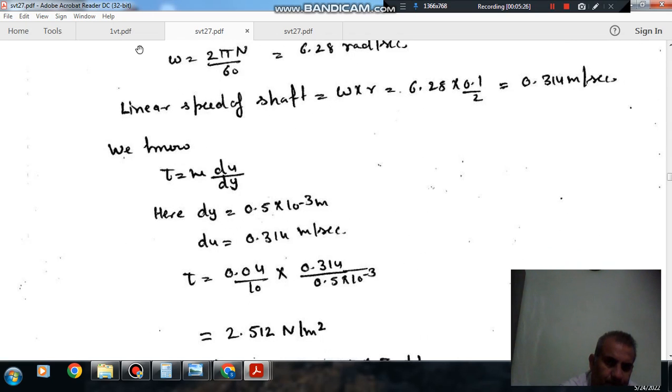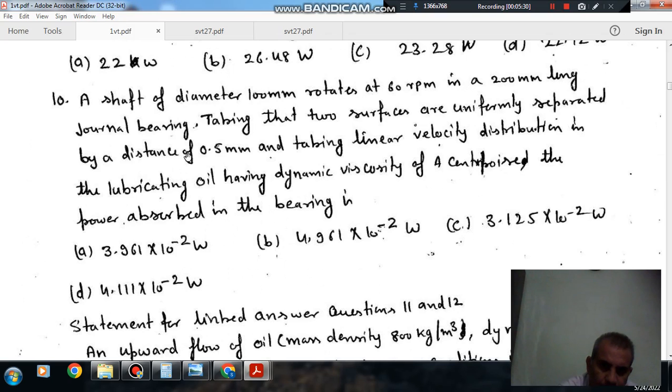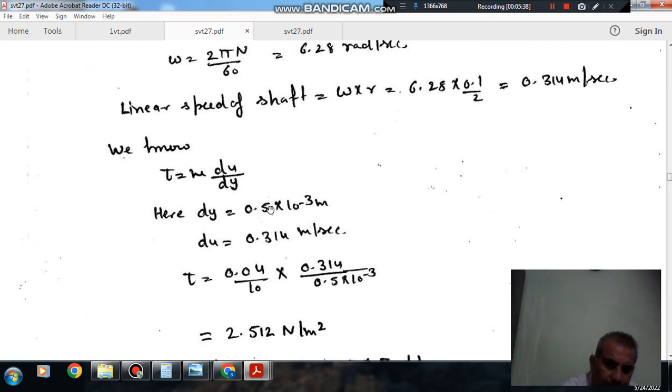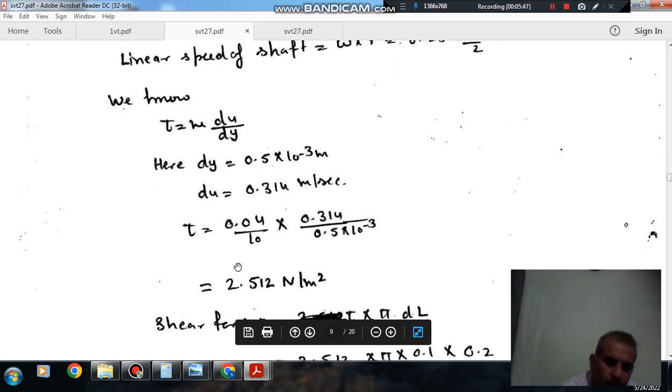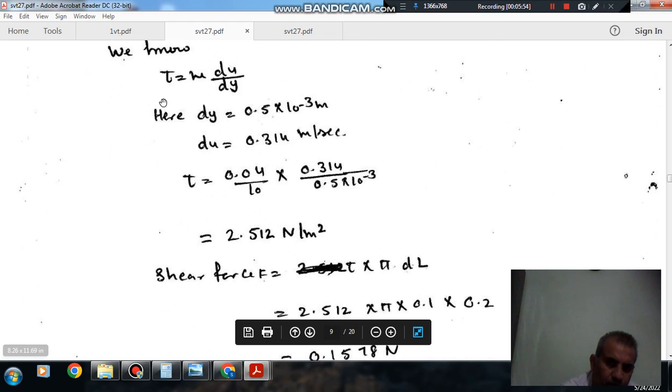Here dy is the thickness of the film, 0.5 mm, or 0.5 into 10 to the minus 3 meter, and the velocity is 0.314 meter per second. So tau comes out as 2.512 Newton per meter square, and this is your shear stress.